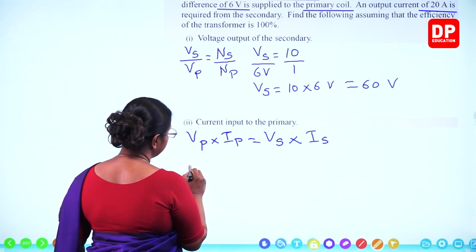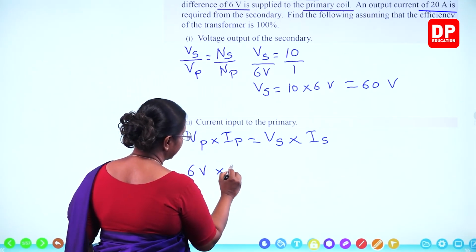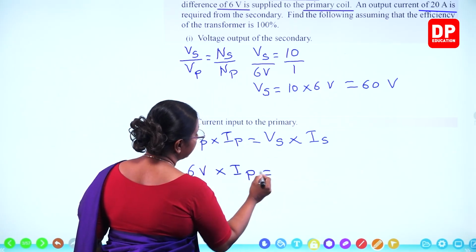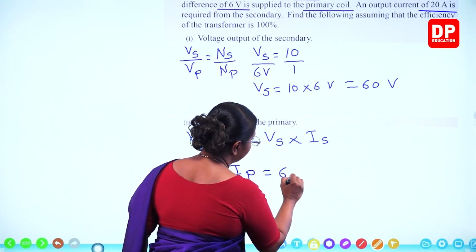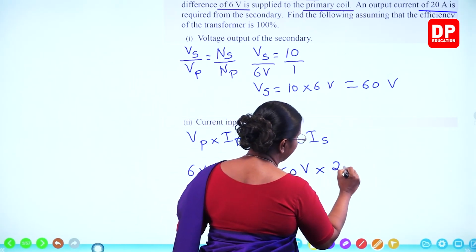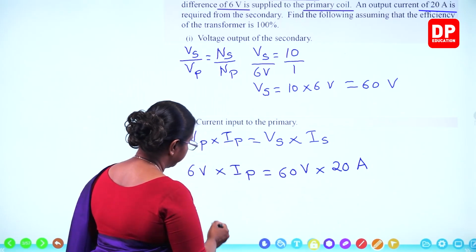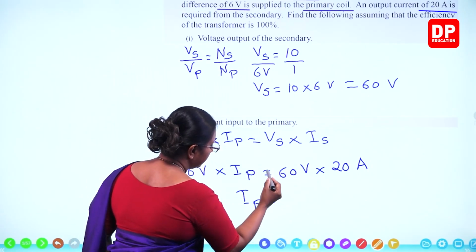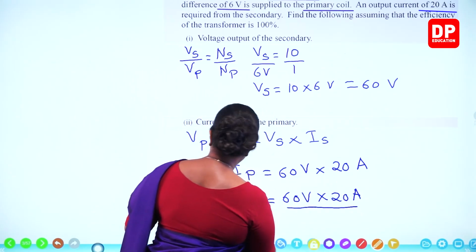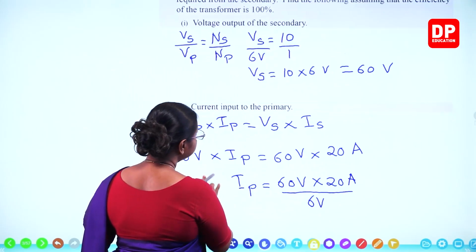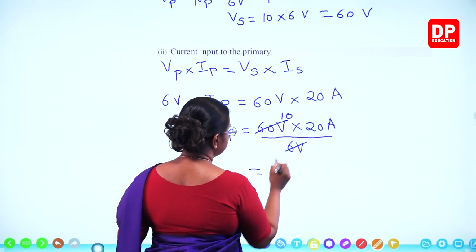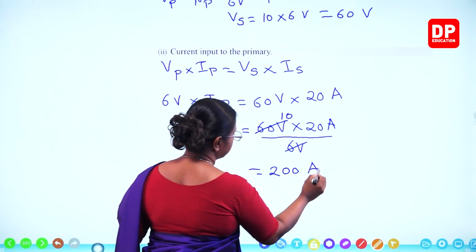We know V primary is 6 volts, multiplied by the current input of the primary, which is what we need to find, equal to V secondary, which we calculated as 60 volts, and the current of the secondary output coil is 20 amperes. So to find the input current, you rearrange: 60 volts into 20 amperes divided by 6 volts. So that is going to be 10 times, so 200 amperes.